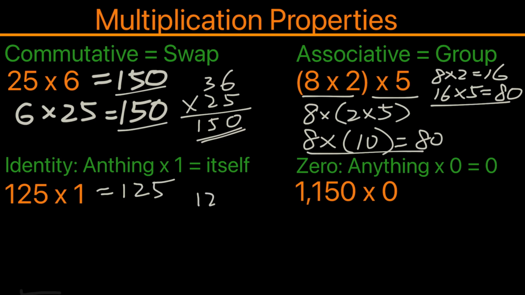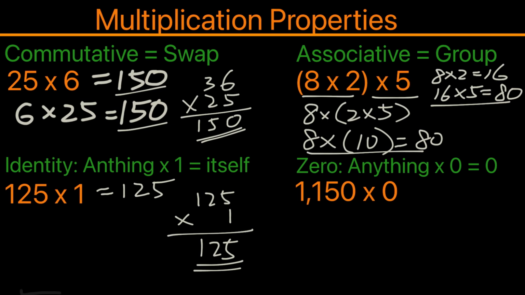So if we multiply this, we can see that 1 times 5 is 5, 1 times 2 is 2, and 1 times 1 is 1. So we could easily tell that 125 times 1 is 125. And this will apply to any number.